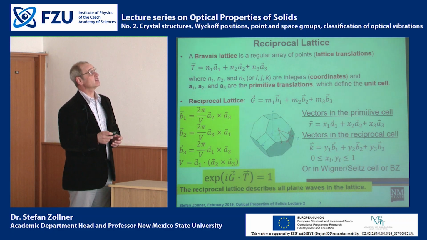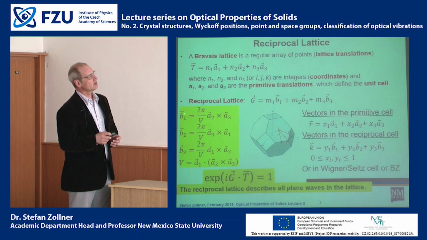Once I have the Bravais lattice, I introduce a reciprocal lattice with these three reciprocal lattice vectors, which are perpendicular to the primitive translations in the direct lattice.